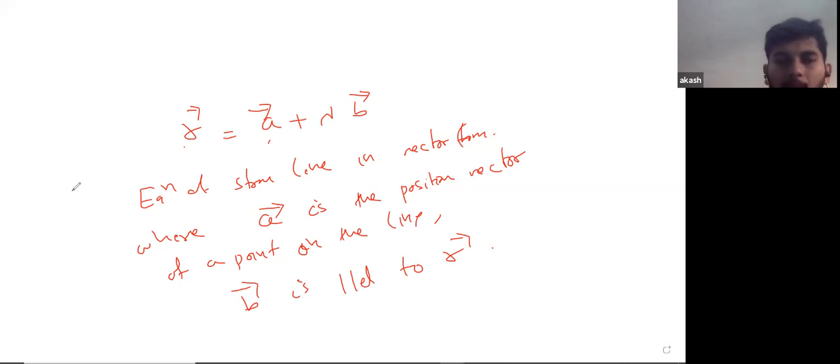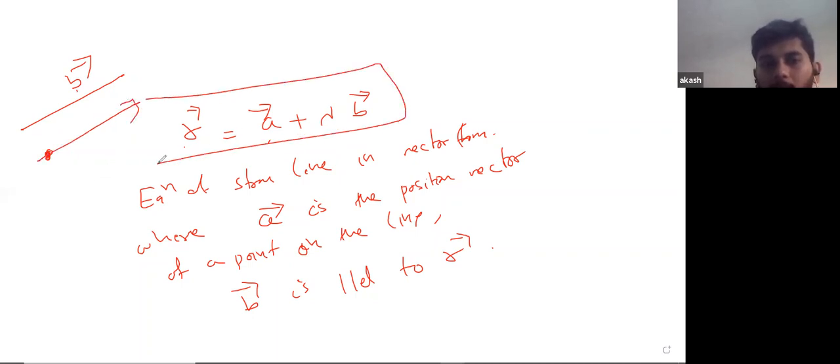Suppose you have to write the equation of a line where this point is on that line, and it is parallel to the B vector. So this will be this simple equation: R equals A, the position vector of the point, plus lambda times B vector. Lambda is a variable.